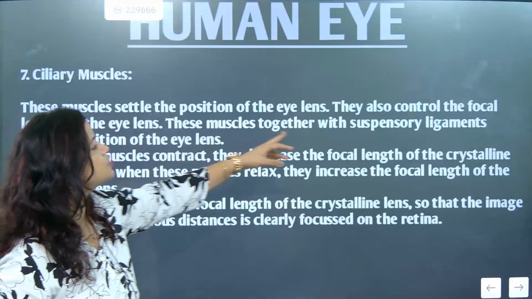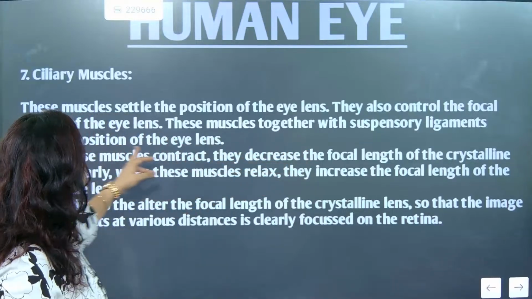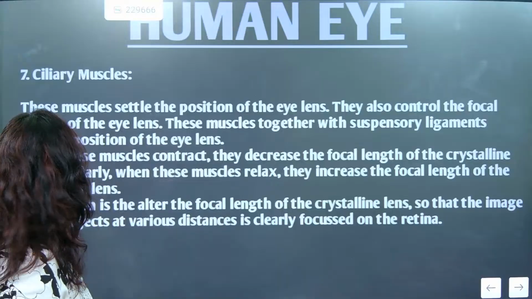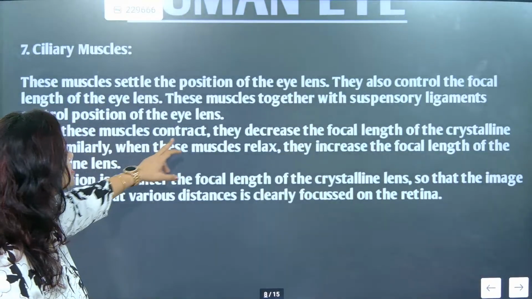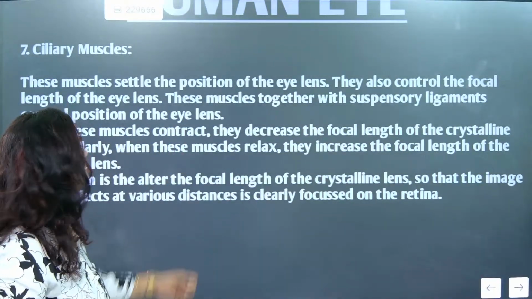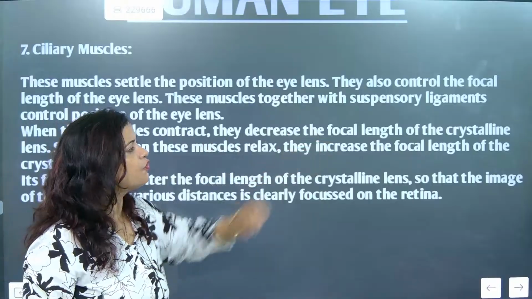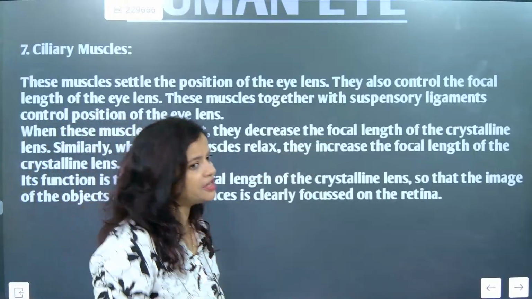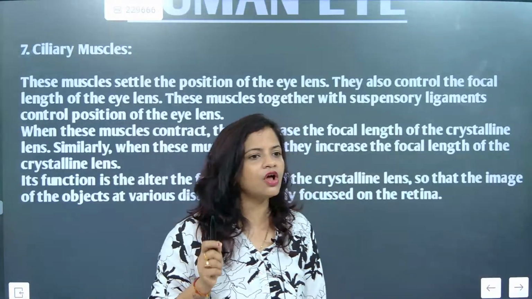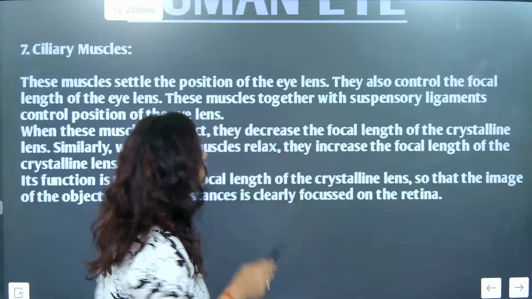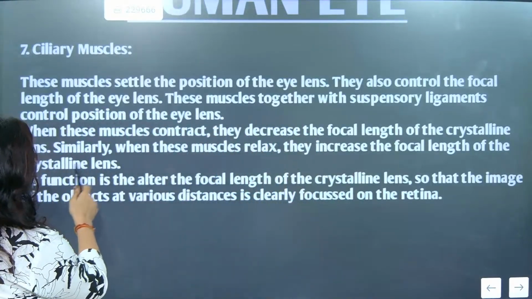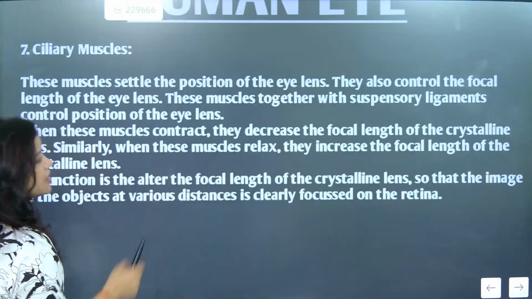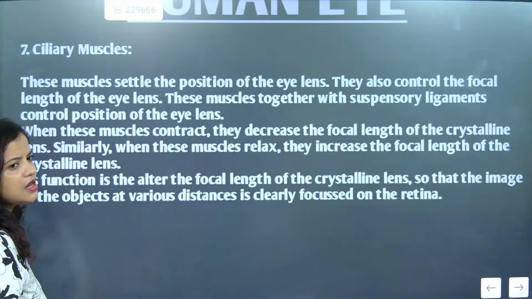So muscles together with the suspensory ligament control the position of the eye lens. What are they doing when these muscles contract? Now listen very nicely. They decrease the focal length. Contraction of ciliary muscles will decrease the focal length. Similarly, when these muscles relax, they increase the focal length.